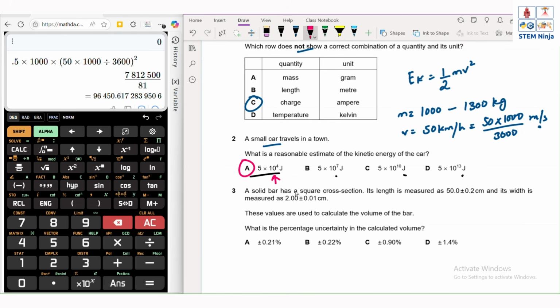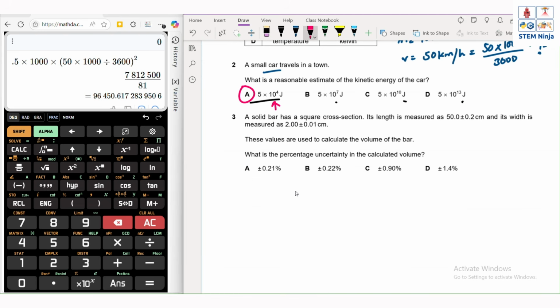A solid bar has a cross section. Its length is measured as 50 plus or minus 0.2 centimeter, and its width is measured as 2.00 plus or minus 0.01 centimeter. These values are used to calculate the volume of the bar.